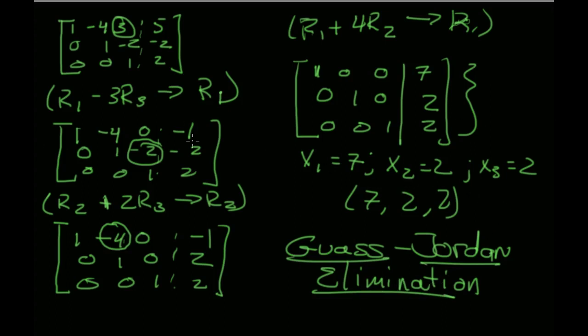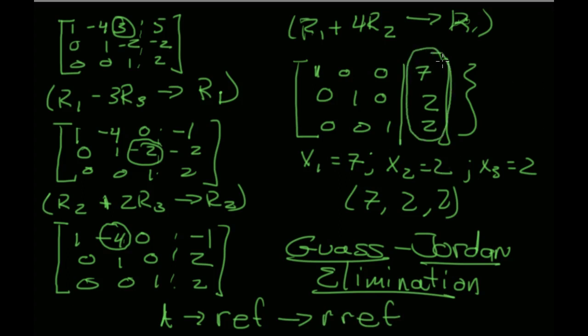So you first use row operations to take your augmented matrix to row echelon form, and then do more row operations to get it to reduced row echelon form. And when I do this, if I have a solution to my system, it will pop up in that last column. Now, what is really critical here is that MATLAB has this function built in.